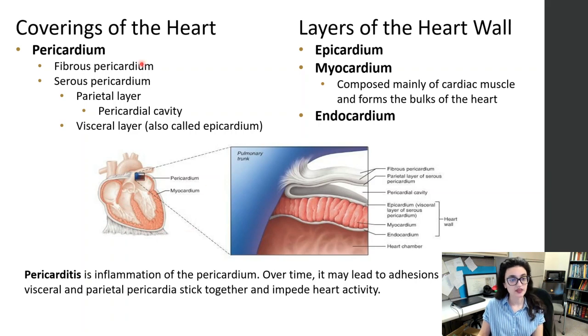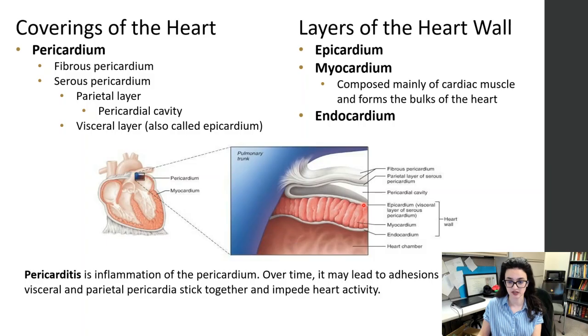There's that. Then the layer underneath that, so deep to the fibrous pericardium, which is right on top here, deep to that, we have the serous pericardium, and that has 2 layers, but really 1 layer that's folded in on itself. All right, so the parietal layer is going to be on the outside. It's going to be more superficial than the visceral pericardium.